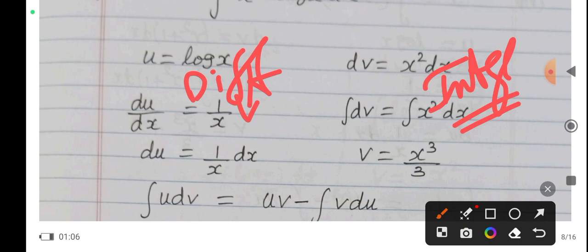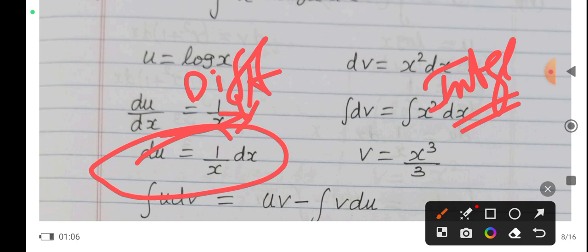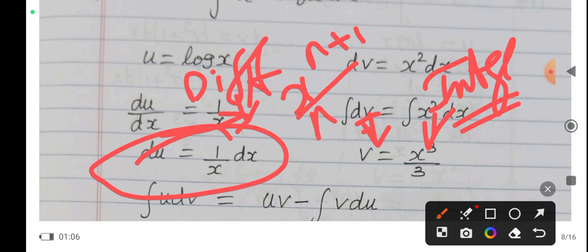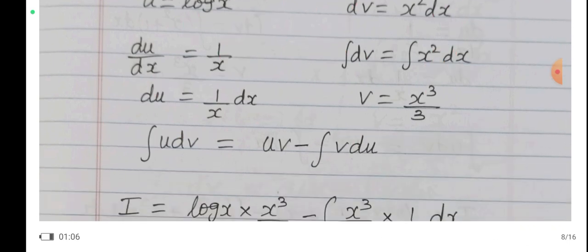So du equal to 1 by x dx. We are integrating dv, children, so integral dv is v. x square integration, x power n plus 1 by n plus 1. So x power 2 plus 1 by 2 plus 1, so x power 3 by 3.